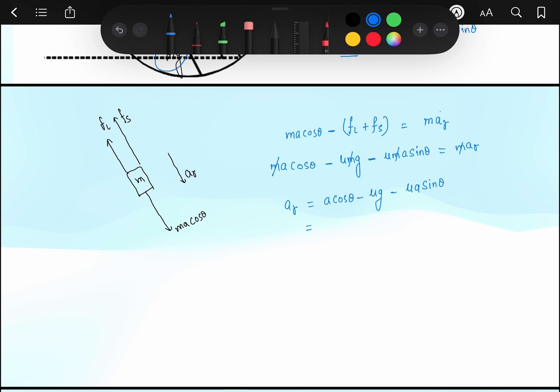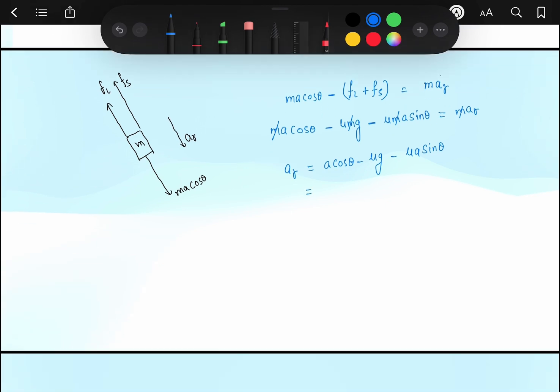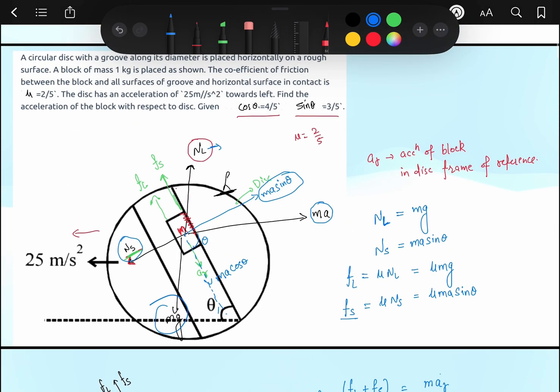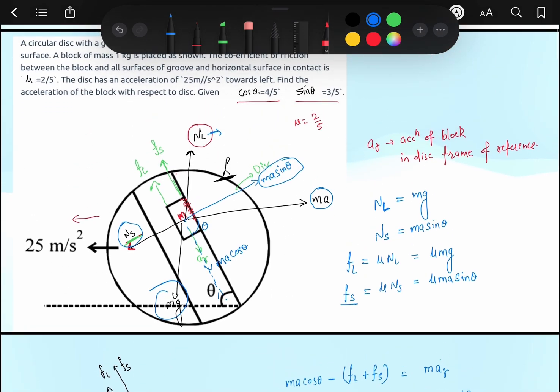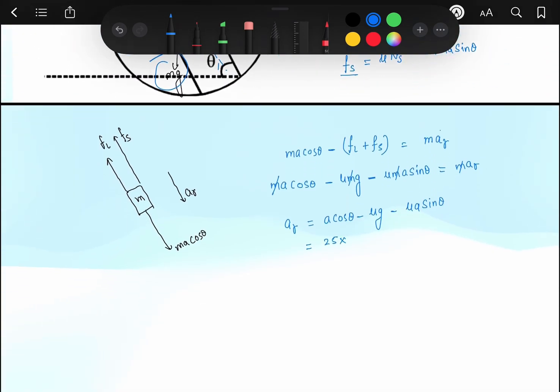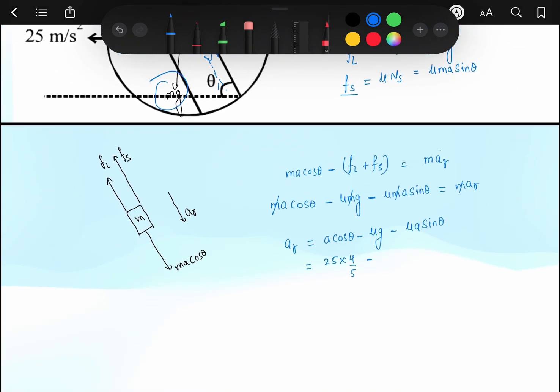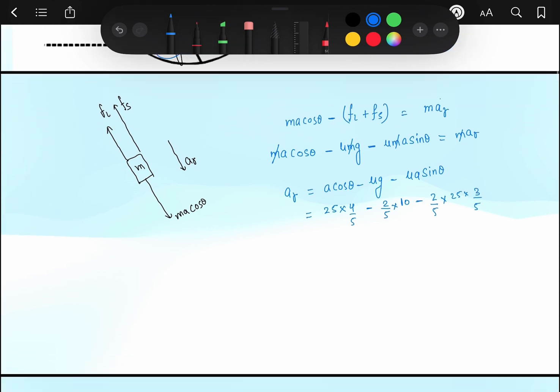Let me substitute all the values here. The value of acceleration is given in the question, that A is equal to 25 meter per second square, and cos theta is 4/5 and sin theta is 3/5. So 25 multiplied by cos theta, 4/5, minus the value of mu, 2/5, multiplied by g, 10, minus mu, 2/5, multiplied by the acceleration 25, multiplied by sin theta, 3/5.